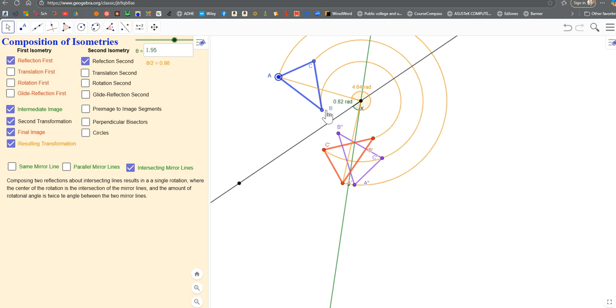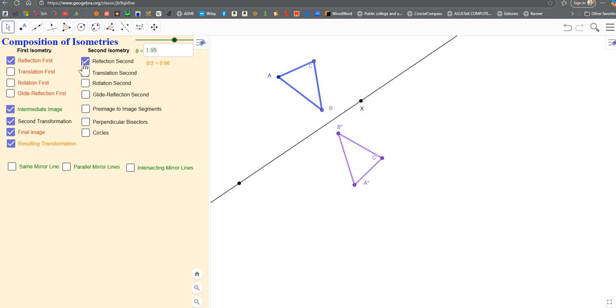Right? So the rotation here is twice the angle between the original lines, and the center of that rotation is the intersection of the two lines. So that covers all of the reflection followed by reflection. Okay, what if we reflect first and then do a translation?